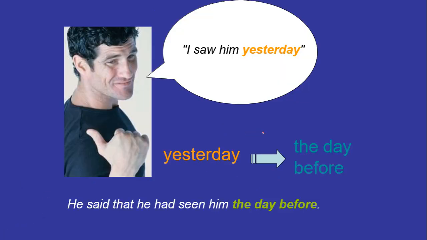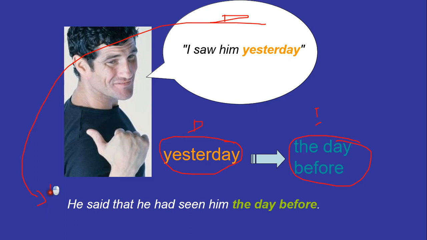Let's take a look: if the direct speech uses yesterday, the indirect must use the day before. Example: if somebody says, "I saw him yesterday," this is direct speech. If you want to change it to indirect, you can say, he said that he had seen him.